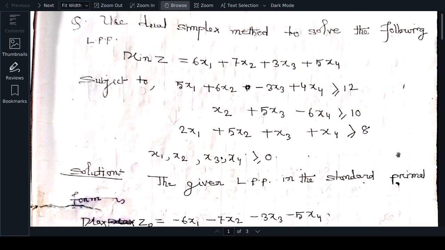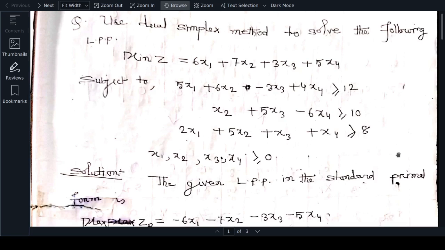For solving by the dual simplex method, first we convert it into maximization, right? And all constraint signs should be less than or equal to, right? The given problem is minimization, so first we convert it into maximization.